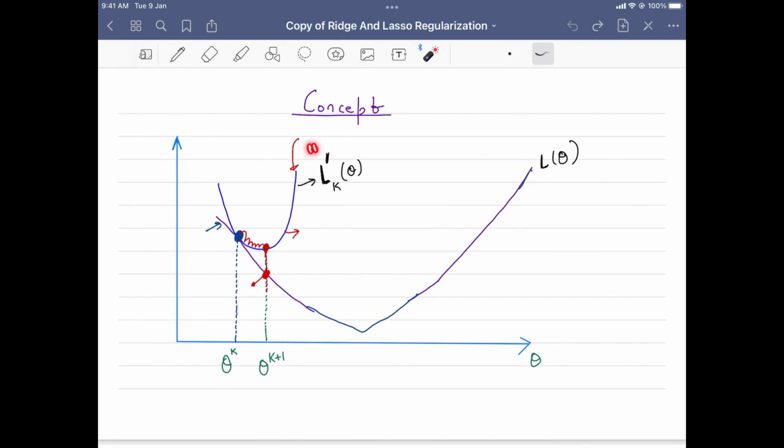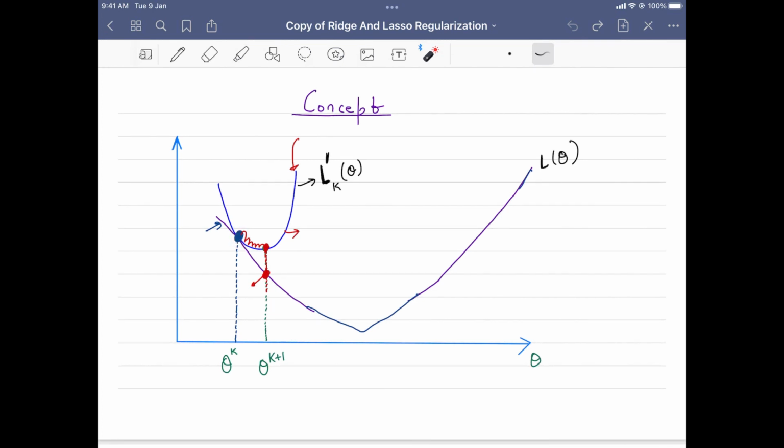Once we come up with these convex functions, which we are calling L prime, note that this prime is not related to the derivative, it's just the convention I am using here. So it's a convex function, and the important characteristics are that at one point it has to coincide with the original loss function L theta.